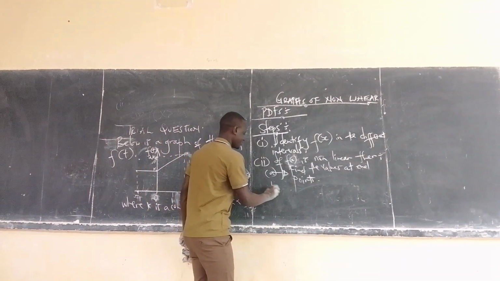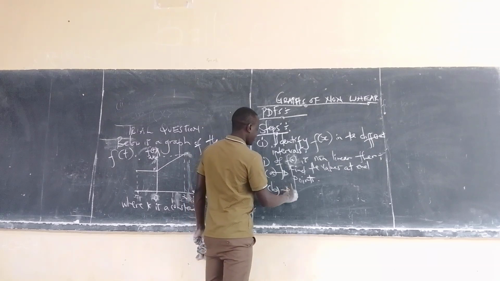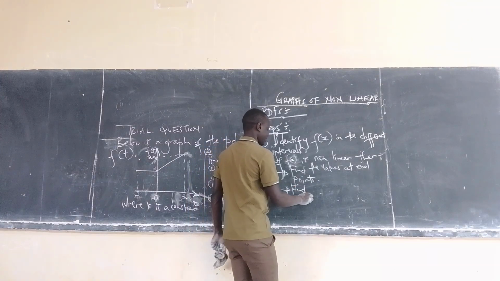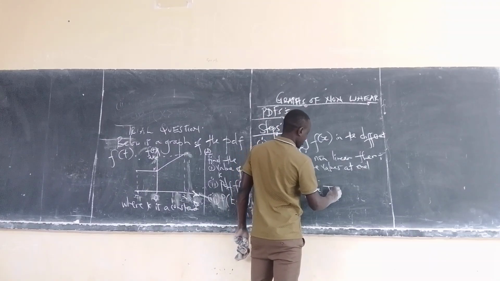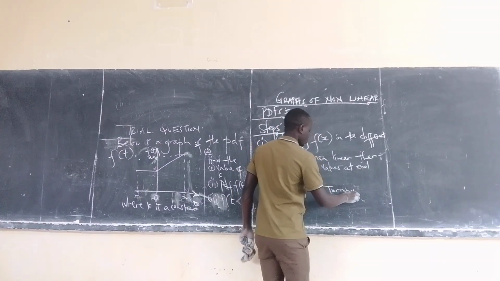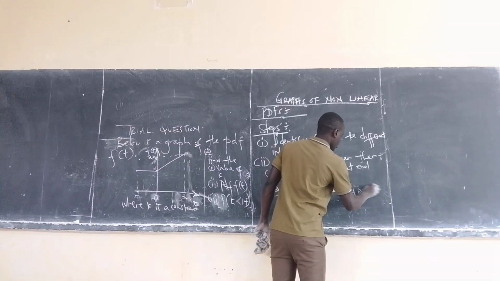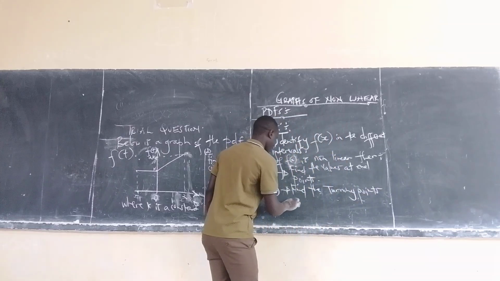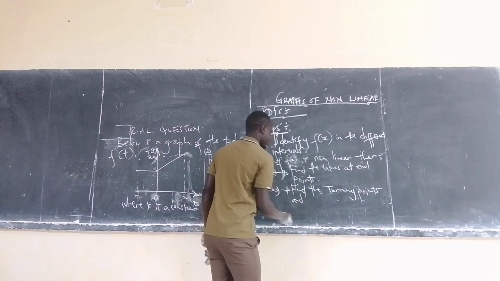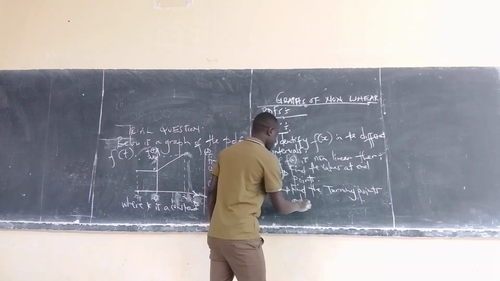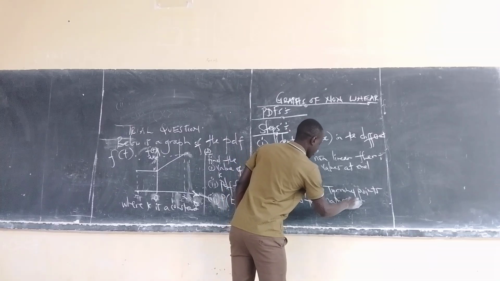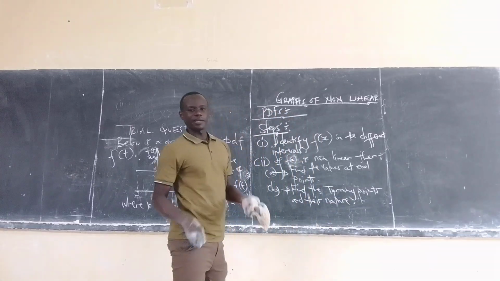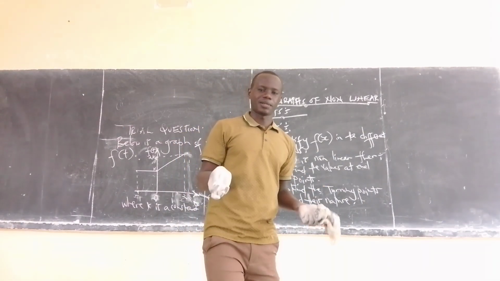Then B, we find the turning points, and also determine their nature. We determine whether it is a minima or a maxima.